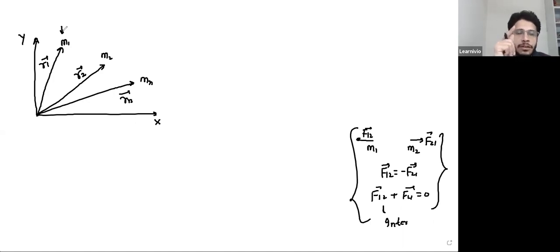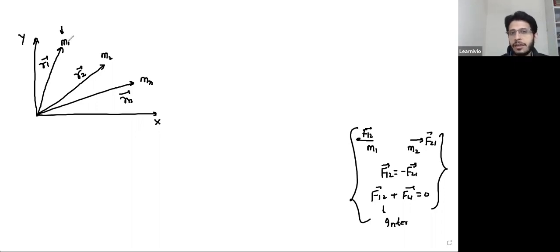One is internal, which is exerted by M2 or Mn or M3 over M1. And another is external force, which is exerted by agencies out of the system. I'm repeating it again. I'm taking a system of n masses, M1, M2 and Mn. There are two types of forces which are acting over this mass M1.